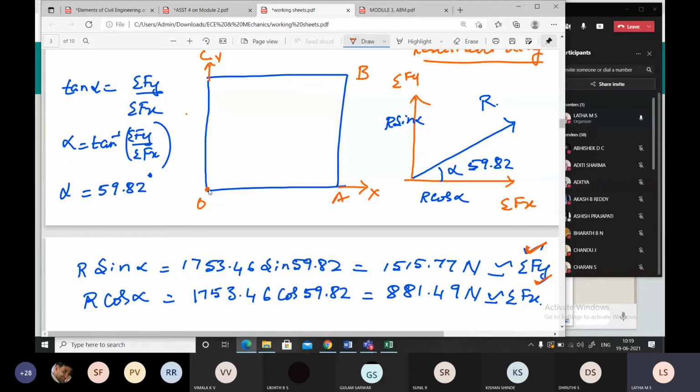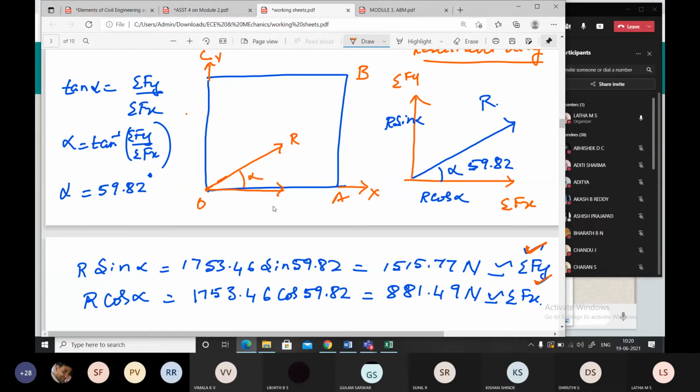Don't do all that in your notebook. See, it is just a replica. The XY axes are in the first quadrant, and we are drawing the resultant in the first quadrant too. Alpha is here. Correct?